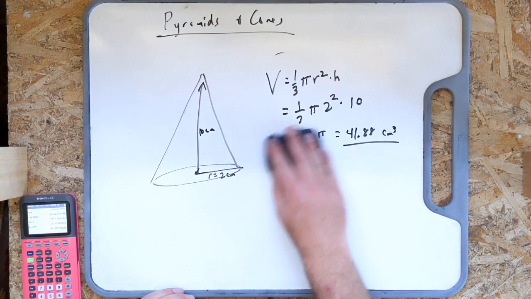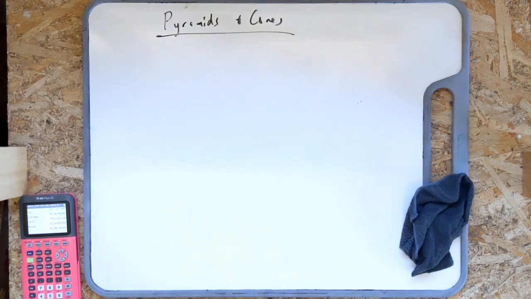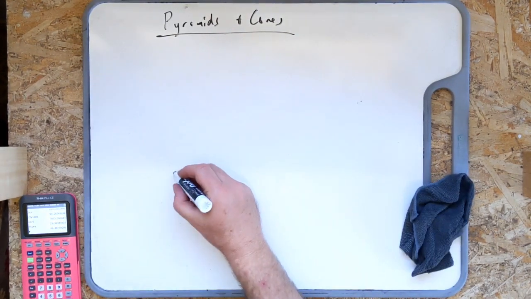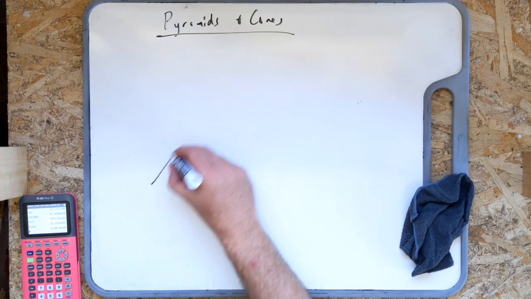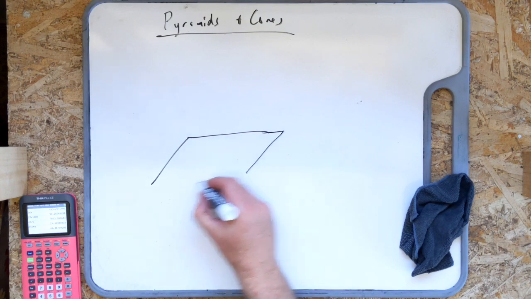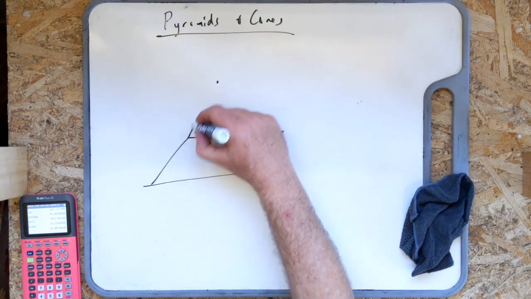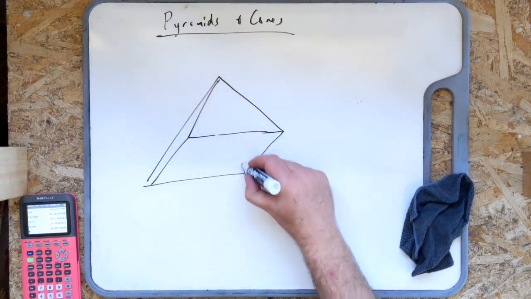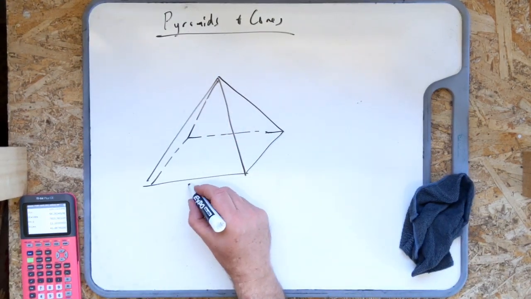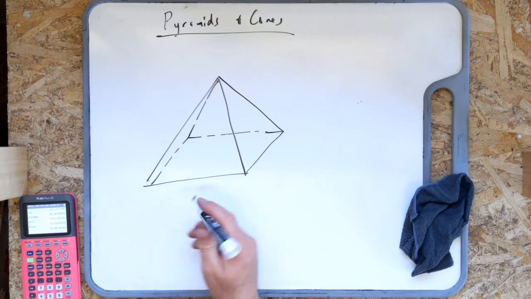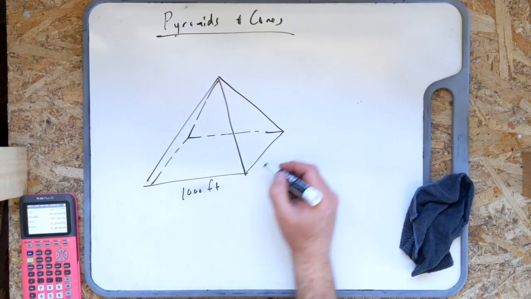This time I'm going to do a pyramid. I'm actually going to do, nah, it's a little tricky for this. I'll just do a simple rectangular pyramid. Let's make it like the Egyptian pyramids. 1,000 feet.